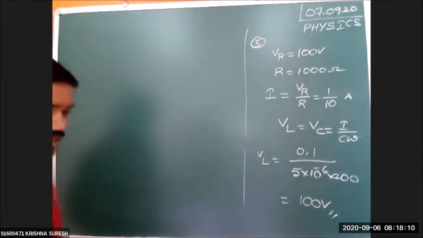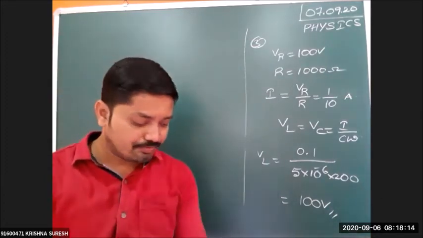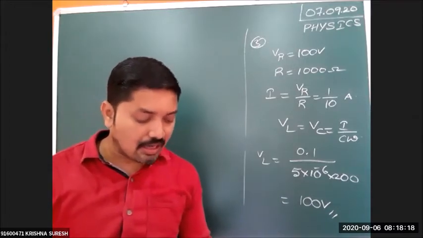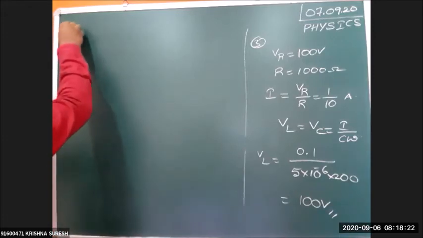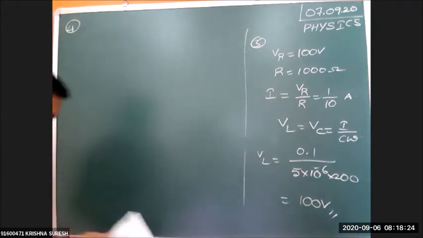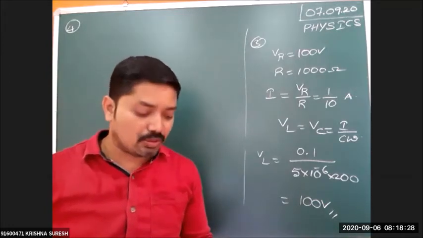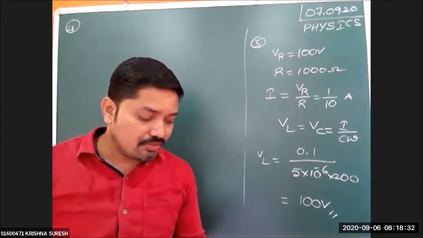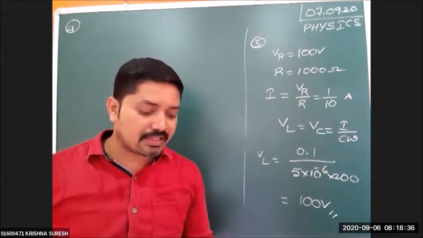Next, question number 4. So in question number 4, he gave you diagram. So that is LCR diagram. What is it saying? The circuit elements are such that XL is equal to XC is equal to R is equal to 10 ohms. V1, V2, V3 are 3 AC voltmeters connected as shown in figure.